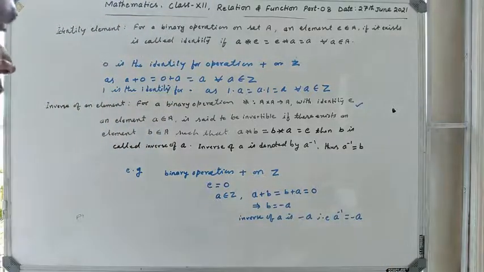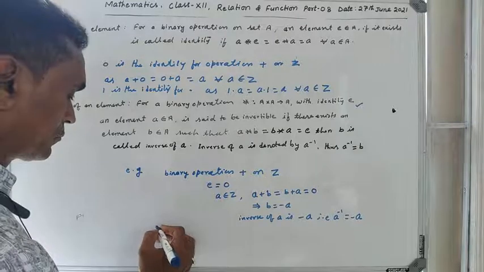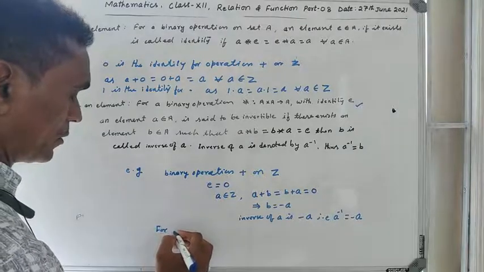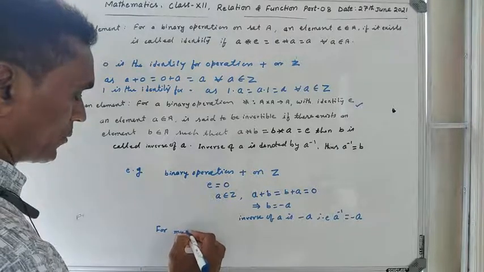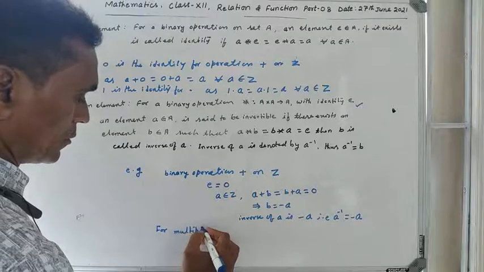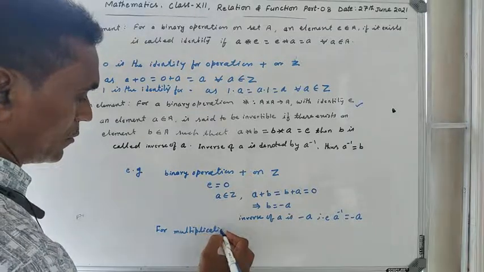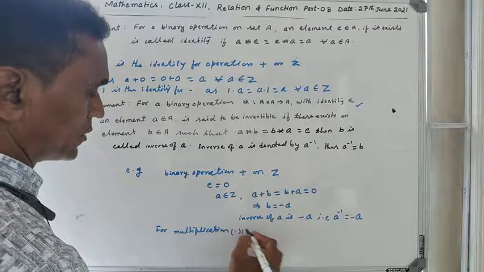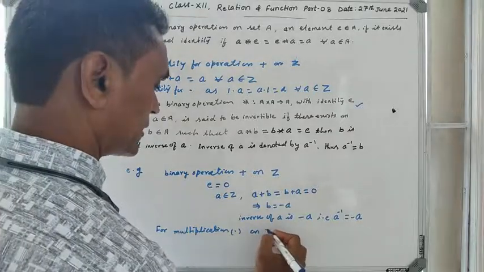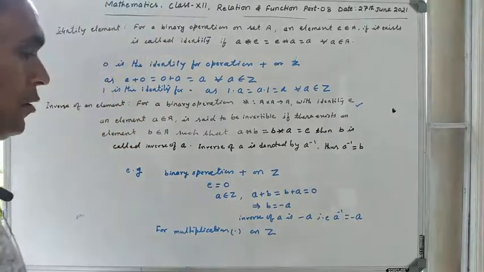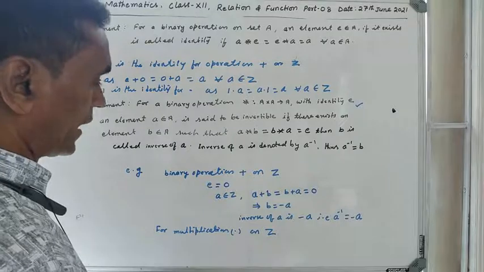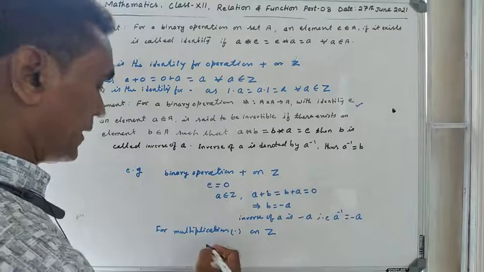For the multiplication operation on set Z, what is the inverse of an element a?